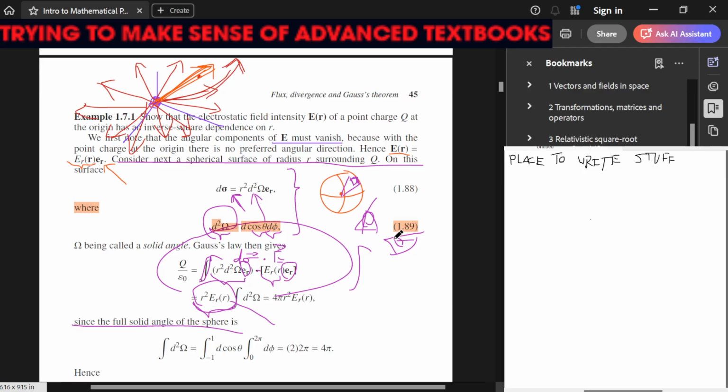They're saying that from here to here, or here to here, the electric field is the same.